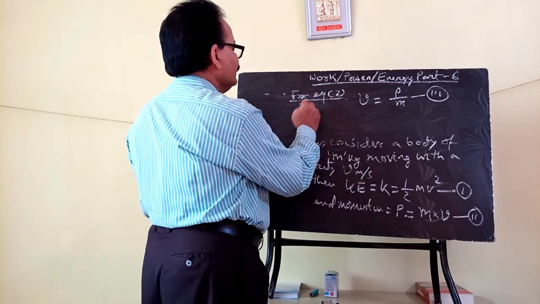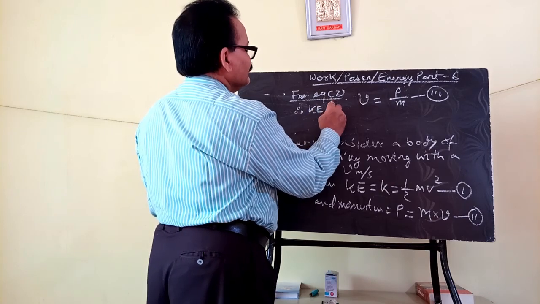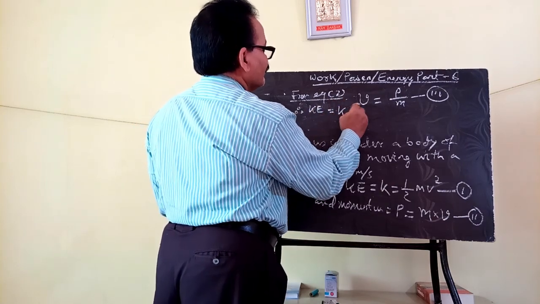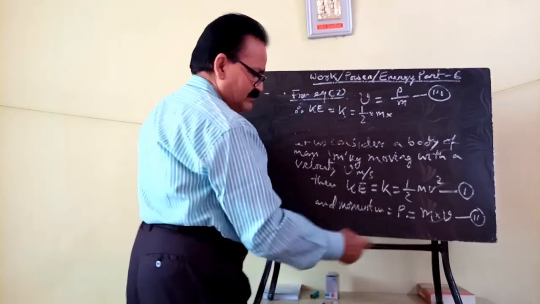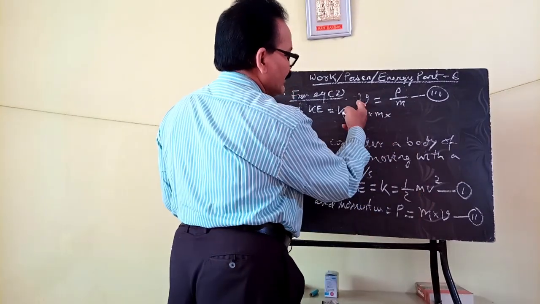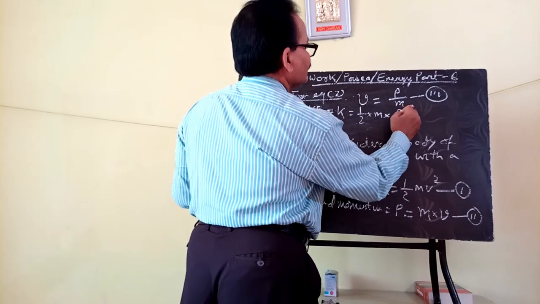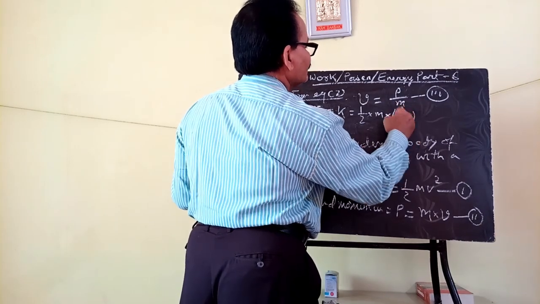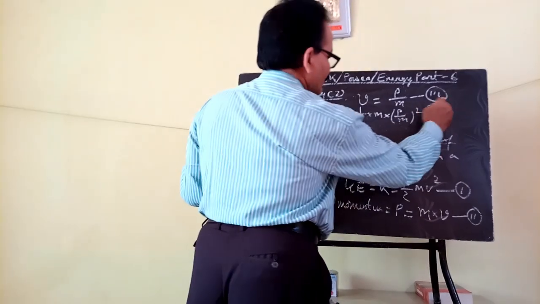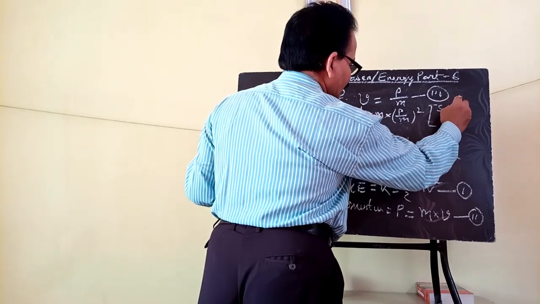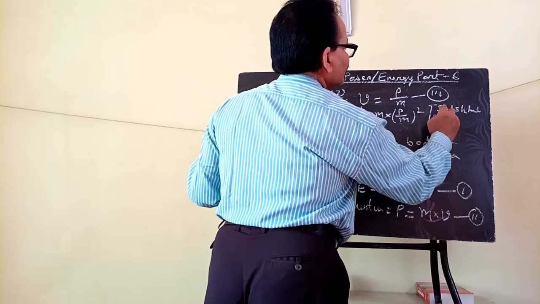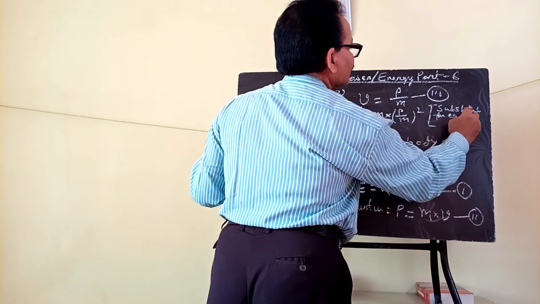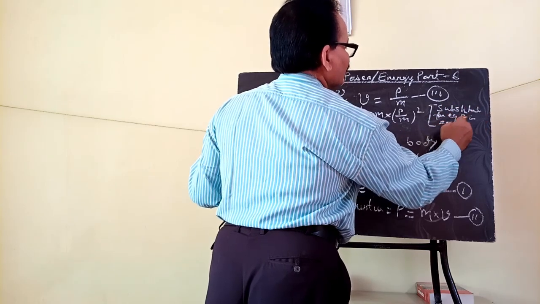So therefore kinetic energy K equals half into m into, instead of v, you write P by m, so (P by m) whole square.